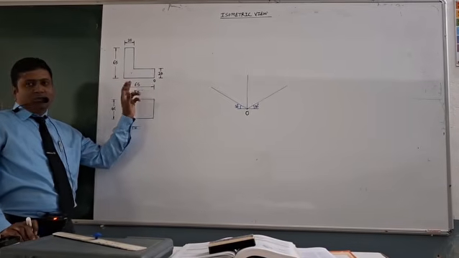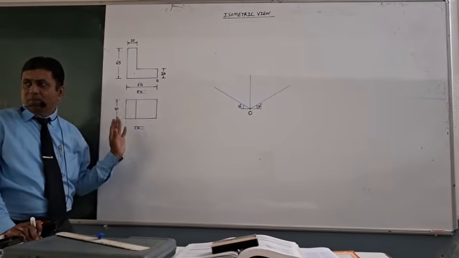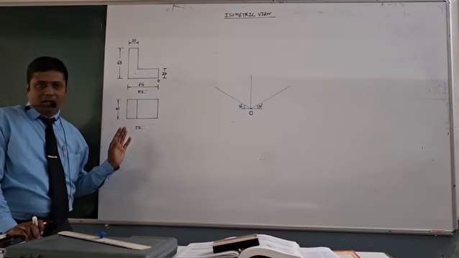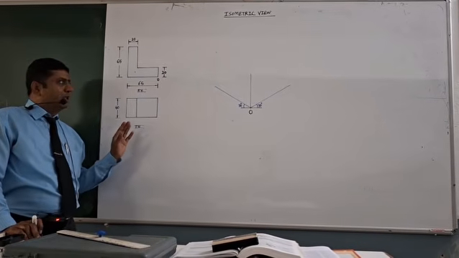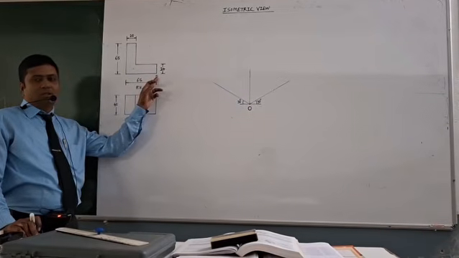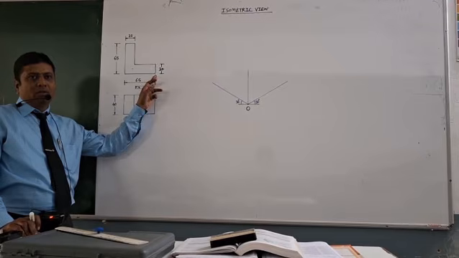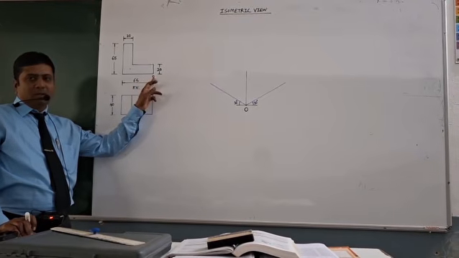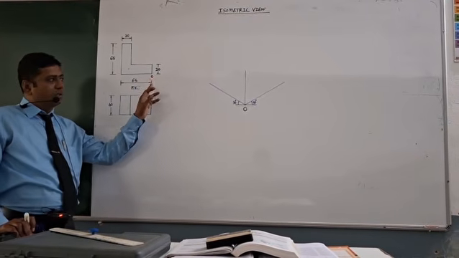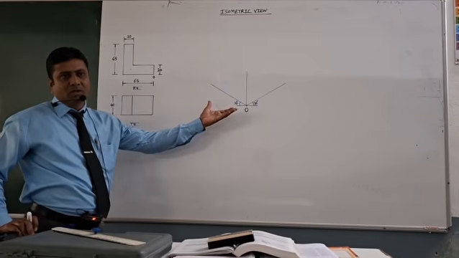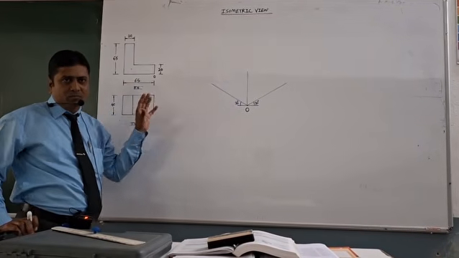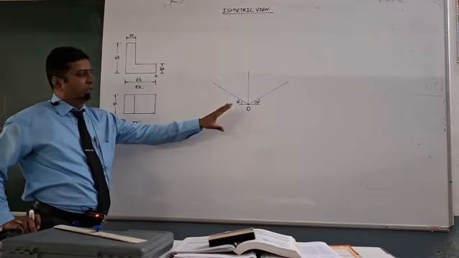So observe these views carefully in your question paper. One thing you have to note is the position of this O. This position of O is important. If it is given on the right side, then you have to insert this front view in the left plane.